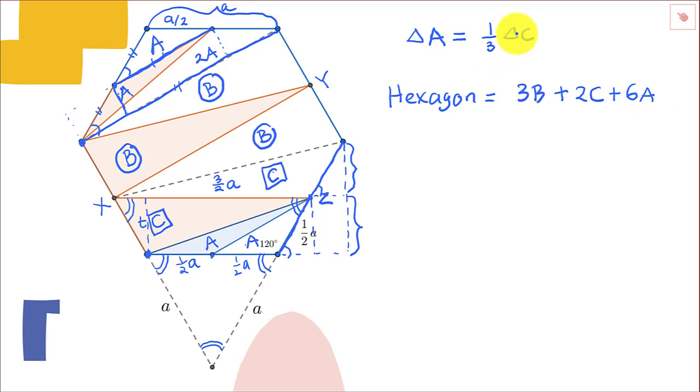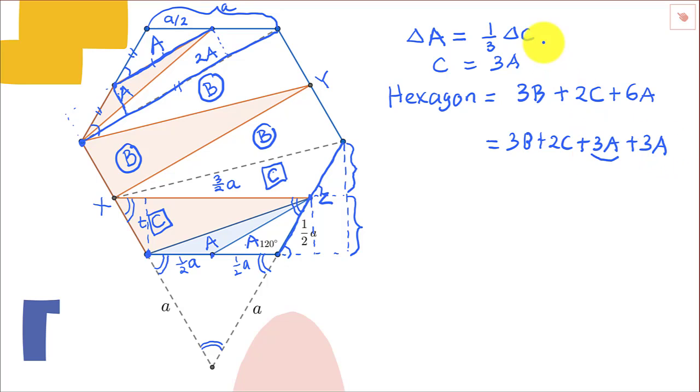But C is exactly 3A, right, from this connection, that the area of A is 1/3 of the area of C. So the area of C is 3A. So this can be written as 3B plus 2C plus 3A plus 3A.